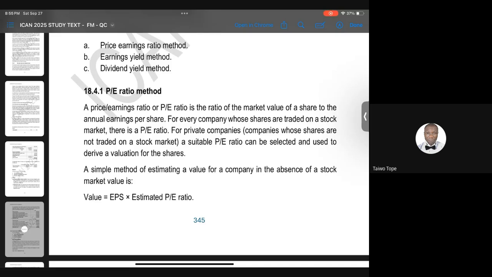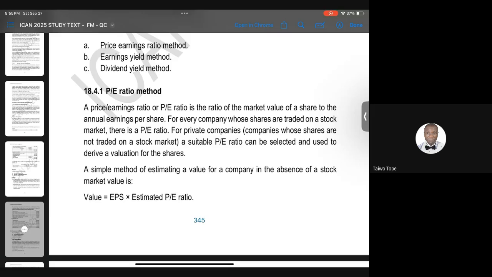So unlisted companies do not have price earning ratio, which makes valuation almost impossible for them. Yes, that is for unlisted companies, unquoted companies, as some authors might put it. So, as a consequence of this, when valuing an unlisted company, it is necessary to adjust the price earning ratio of a comparable listed company downwardly.